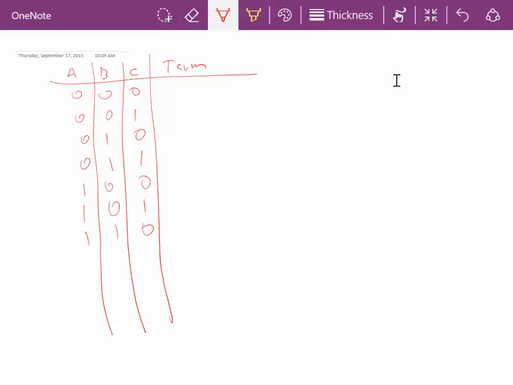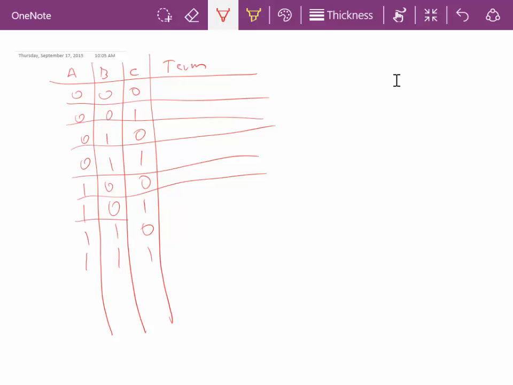But unfortunately, that's the only way to explain this material. So as we go through here and write these terms, this term is A naught, B naught, C naught.